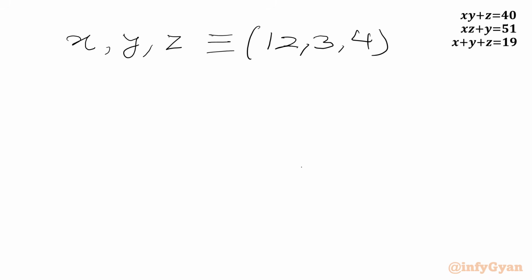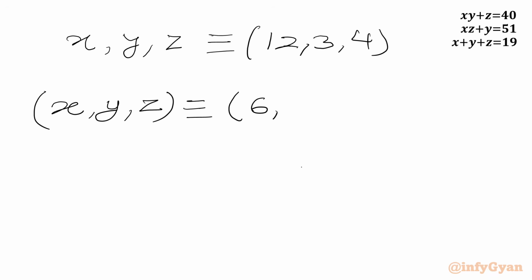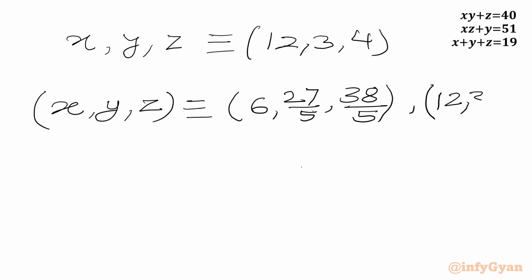So we have two ordered triplets. If I write overall, then x, y, z is equal to 6, 27 over 5, 38 over 5, and second triplet is 12, 3, 4.